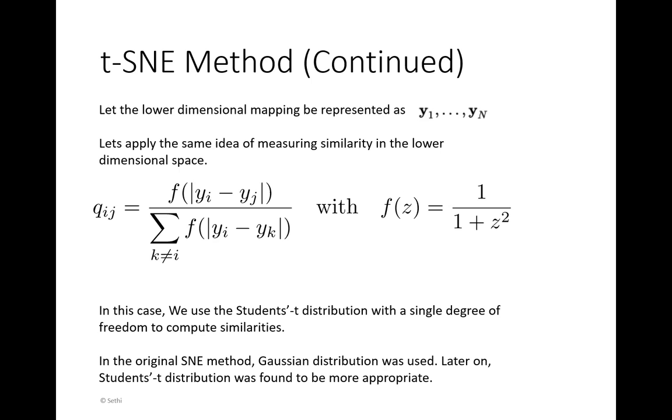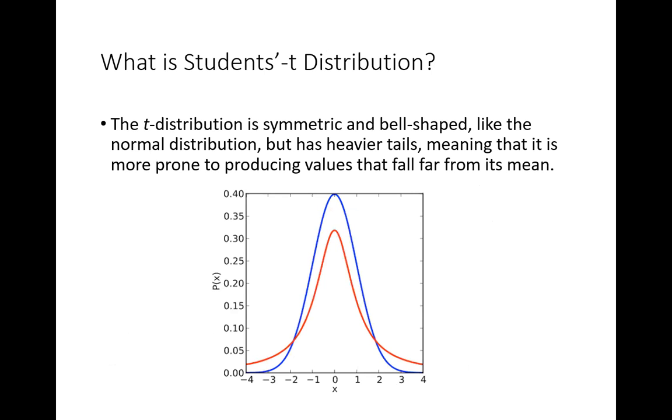The formula for student t-distribution is shown there: f of z equals 1 divided by 1 plus z squared.